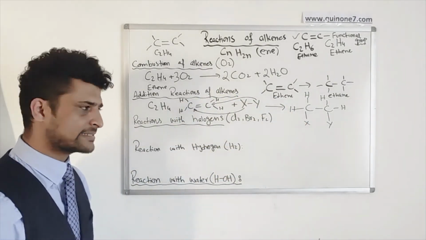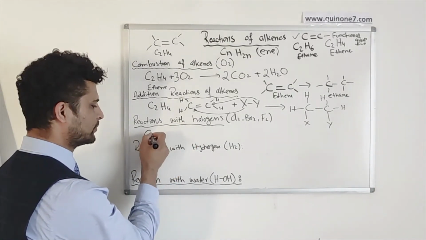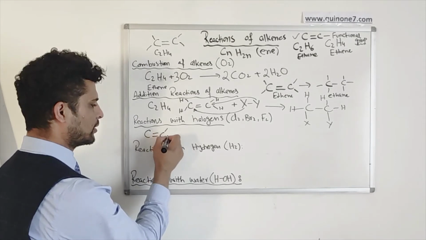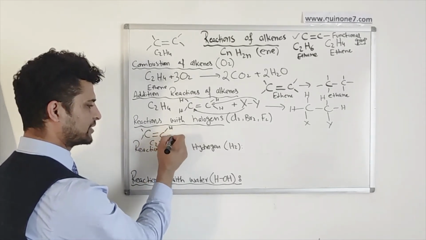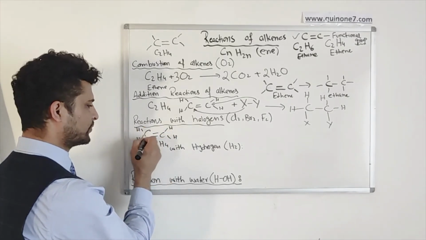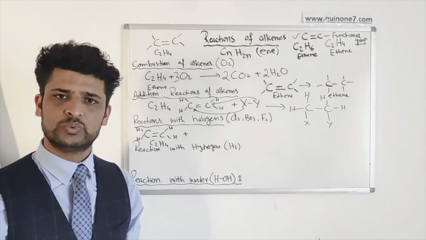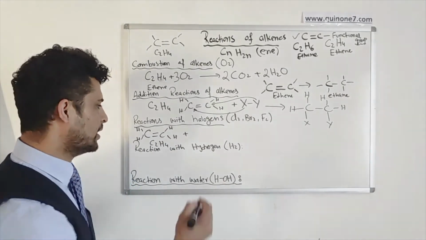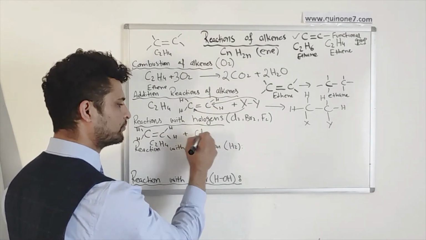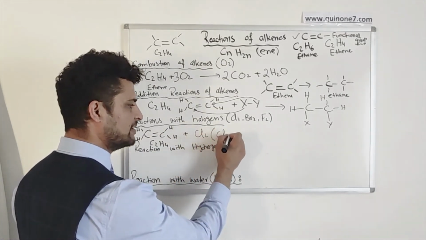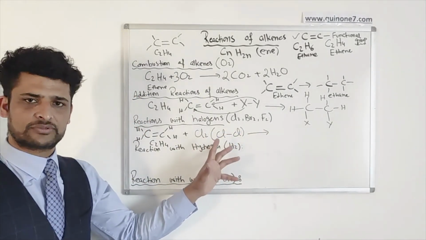Now let's take a real example of an alkene. For example, C2H4, ethene, I can draw the structure like that, and it is going to react with one of the halogens. It can be Cl2, Br2, F2, I2, any of them are going to react with the alkene. So for example, if I put Cl2, which is Cl bond Cl, I'm just writing this for your understanding.